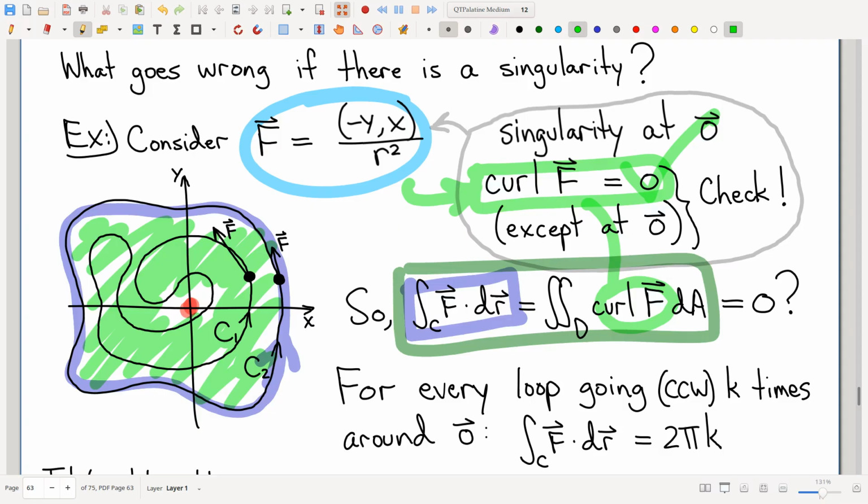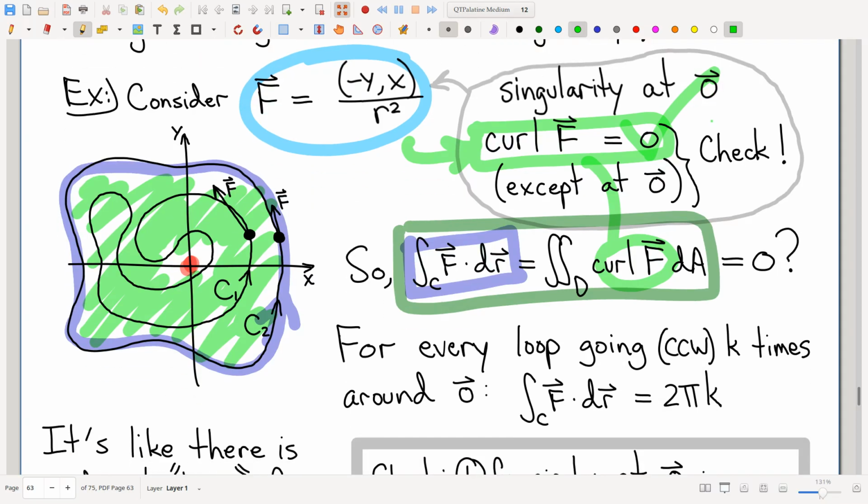We might think that 1 point is irrelevant. We might conclude sloppily that the integral ought to be 0. But it's not. In fact, what you will find is that integral is, depending on the curve, but for that one that I have indicated there, that integral is 2 pi.